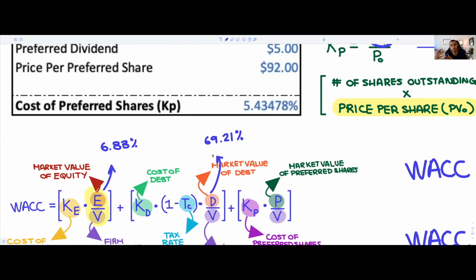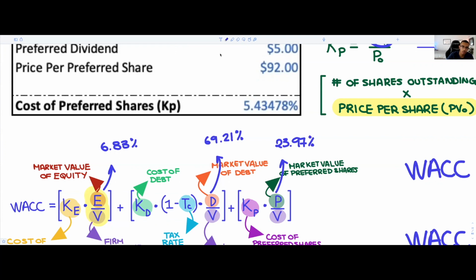And finally, to find the preferred value, you could add 69.21 plus 6.83 and find the remaining piece. Or you could just do the math, which would be 46 million over 191,939,226. That's going to give you a preferred value over value of the firm of 23.97%.